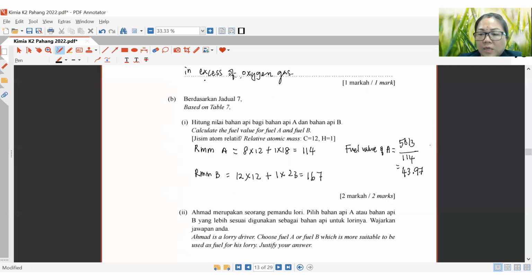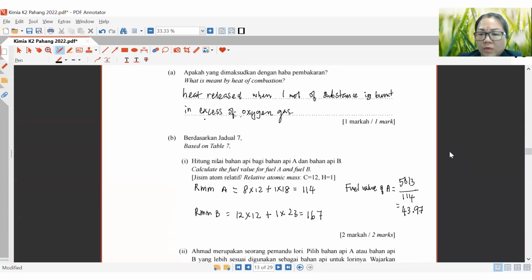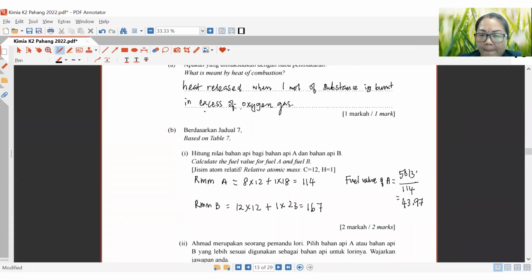Okay, this one, let me guide you on how to cancel the units in the formula. Kilojoule, wait, I'll put this on a separate piece of paper.